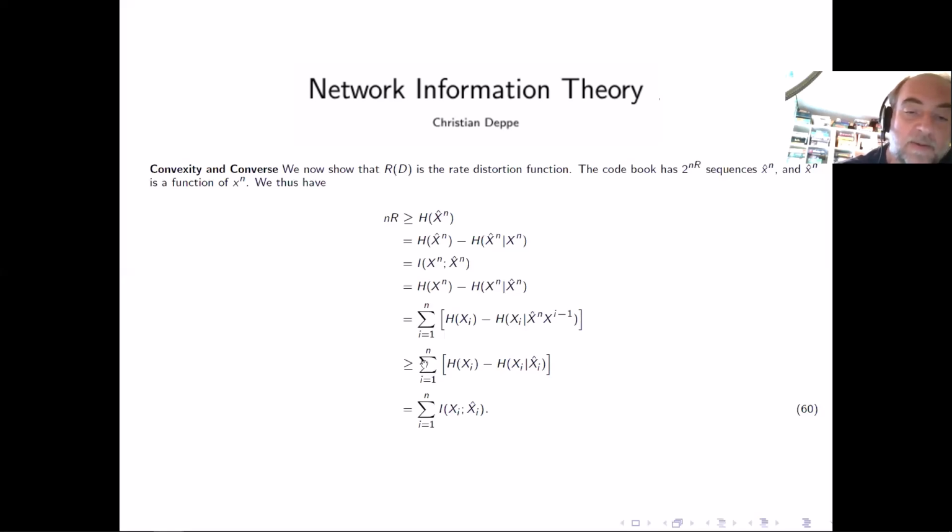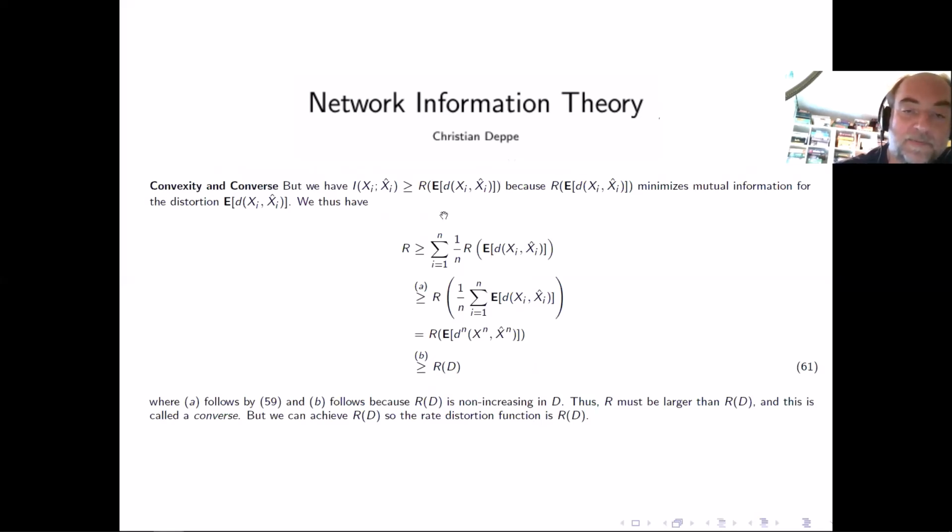So this is less or equal than the sum from i equal 1 to n of the entropy of xi minus the entropy of xi conditional on x hat of i. But this is exactly the mutual information of xi and xi hat. So we sum over the mutual information from i equal 1 to n of xi and xi hat.